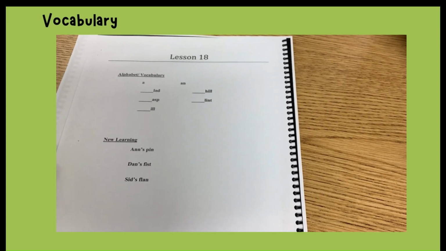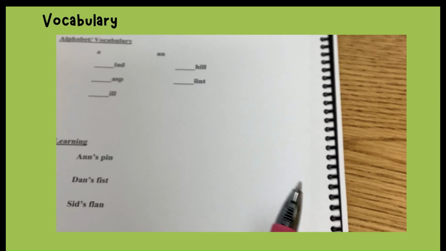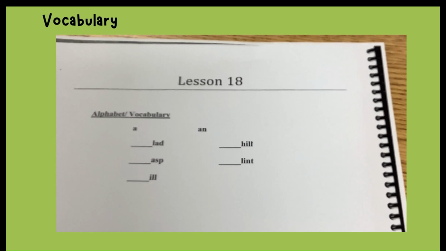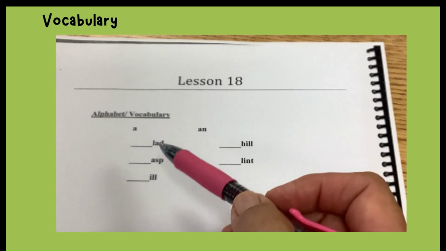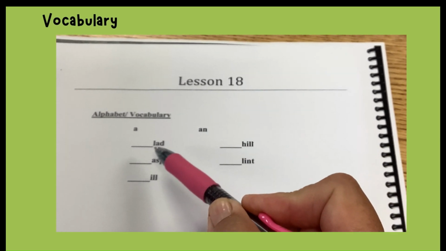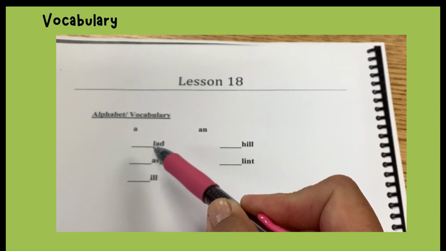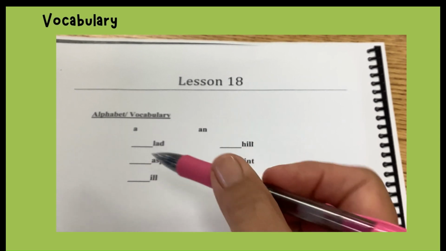On our lesson 18, we have some words here at the top. Let me move them down so you can see them better. Let's look at our first word. That word says lad, and the sound of L is L. That is a consonant sound, so that means we're going to use a.